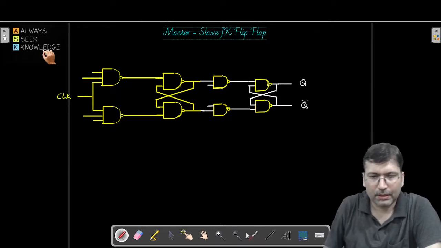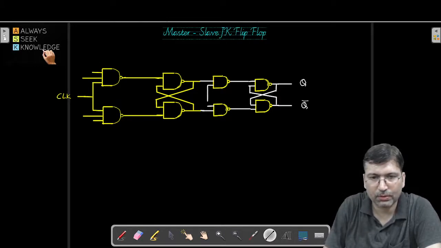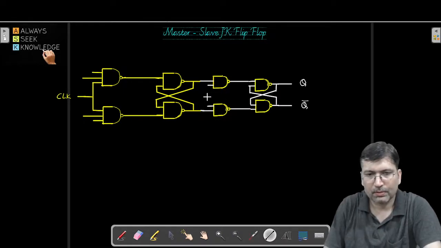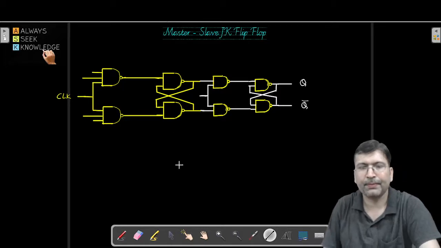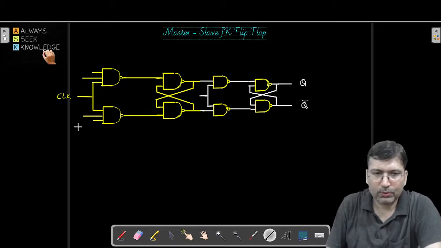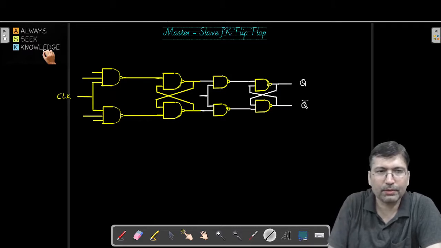And then another JK flip-flop which we are connecting here. Here we will pass the clock. So there is another clock which we have here. Now both these clocks we will connect.